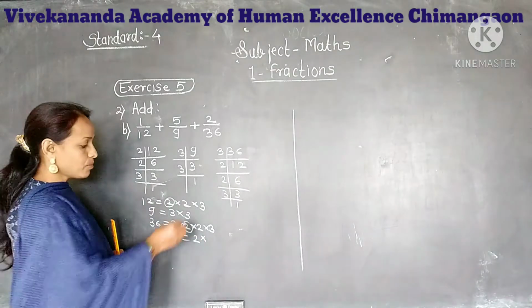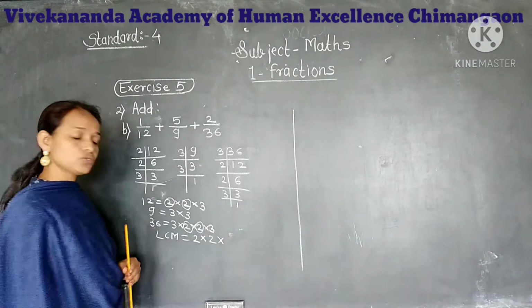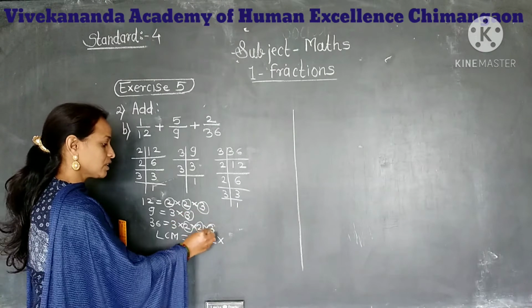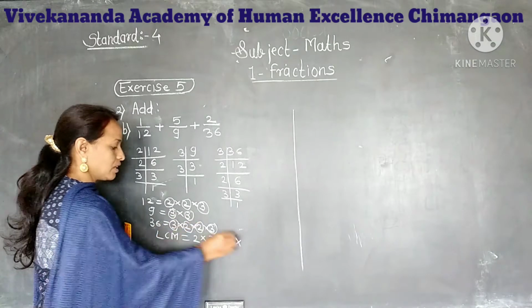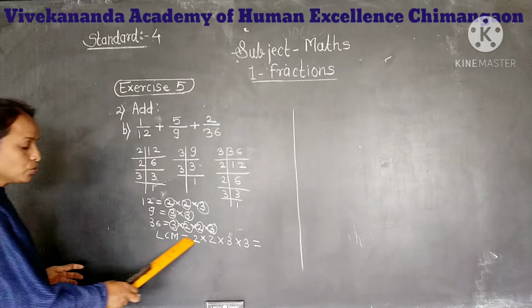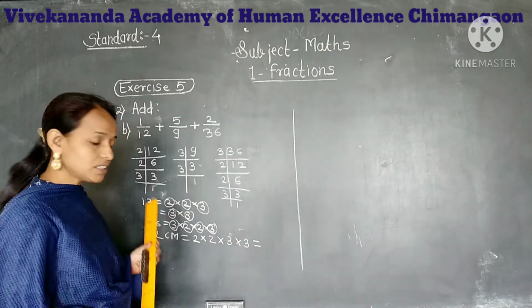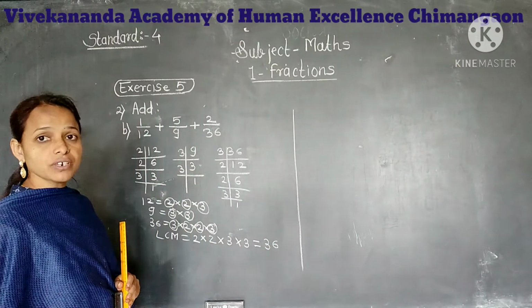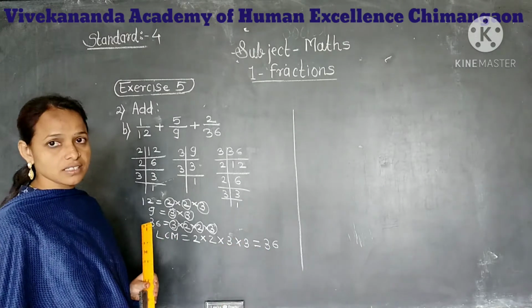Then next common factor 2. Then 3 and 3. 2 2s are 4. 4 3s are 12. 12 3s are 36. So here we found LCM of 12, 9 and 36 and it's 36.